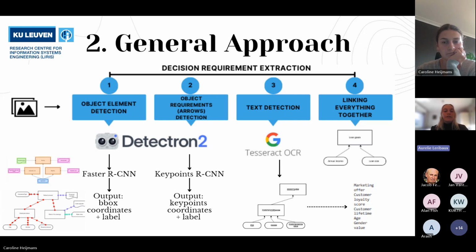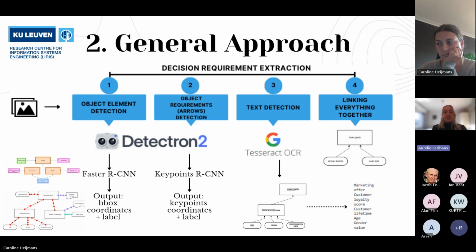For this, we have chosen to work with Detectron 2. This is a framework with a lot of pre-trained models, especially to be used for detection of objects in images.